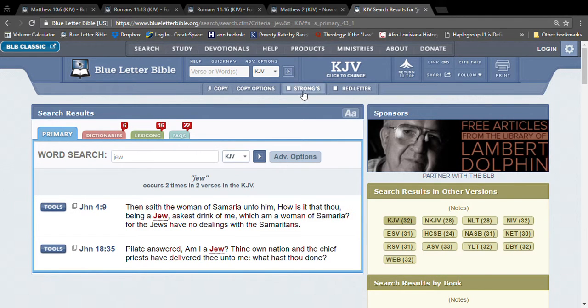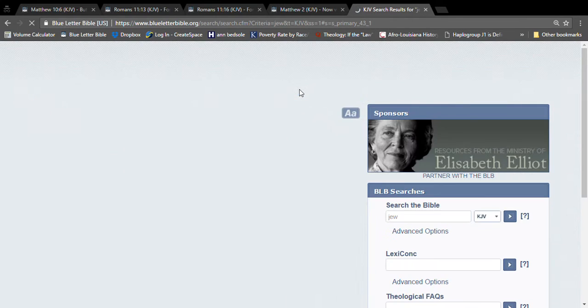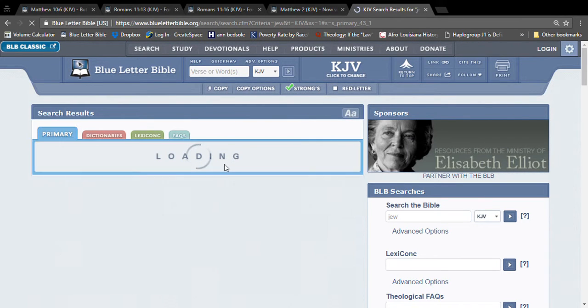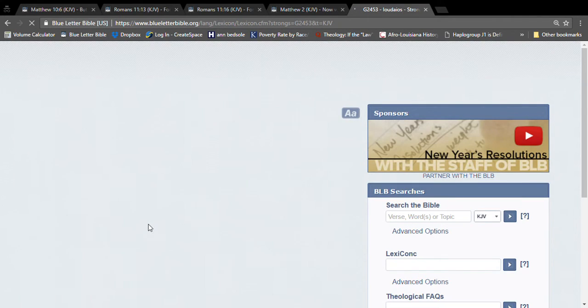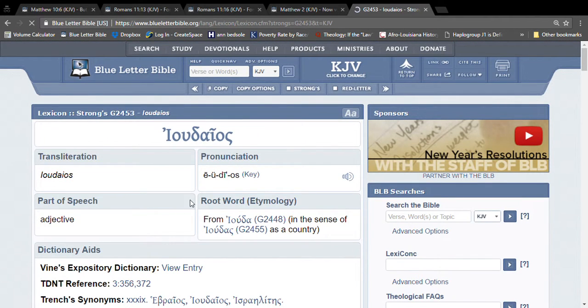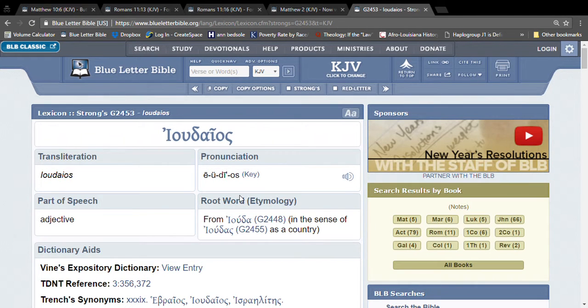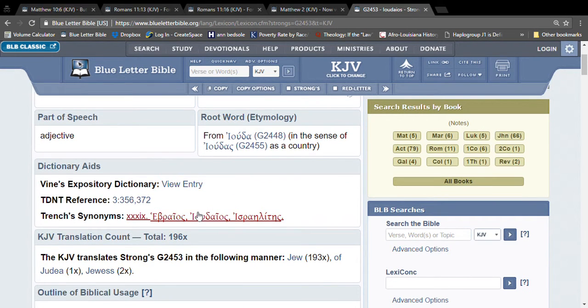Okay, so we're going to go to Strong's. A person could be called a Jew or a Iudaios, right? Which is supposed to be the same as Yehudi, translated into the Greek.